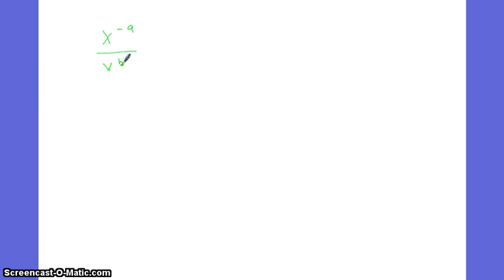And again, I'm going to work this problem twice. Let's use the quotient rule. I want my exponents in the numerator. So I'm going to bring the b up. So that's going to be negative b. So x to the negative a, negative b. Okay, that's all I can do.